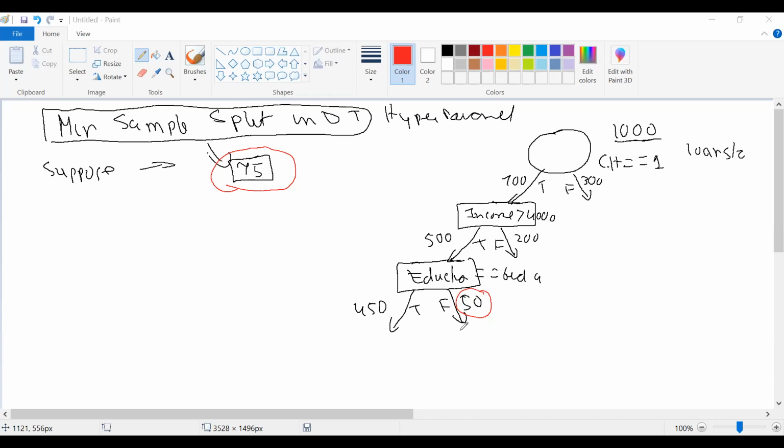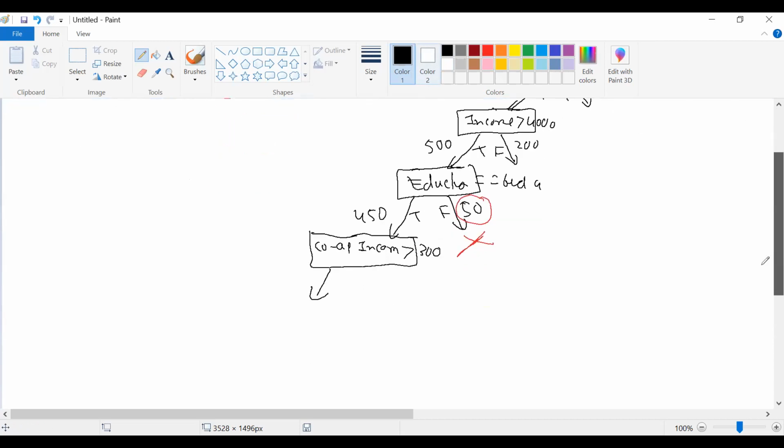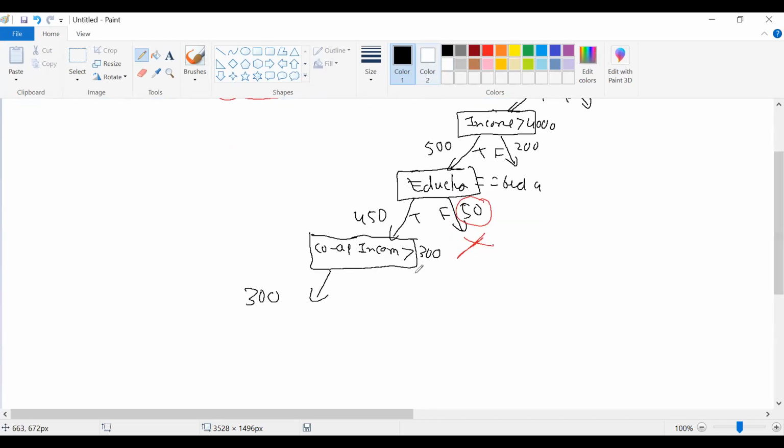This branch will stop growing. It stops here, because you are saying minimum sample split is 75. So splitting will happen only if there are 75 or more records. So this portion can continue to split. Now you are saying, let me say, co-applicant income greater than 3,000. Out of these 450, let me say there were somewhere around 300 and 150.